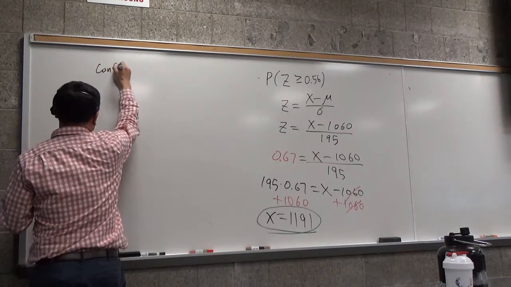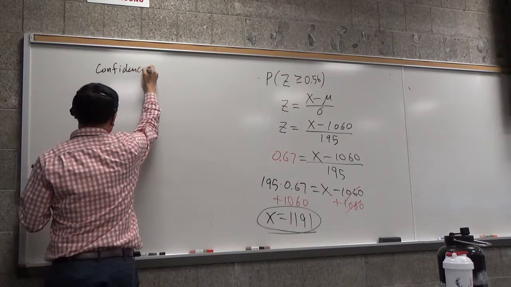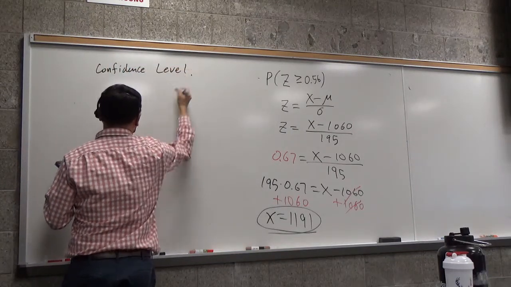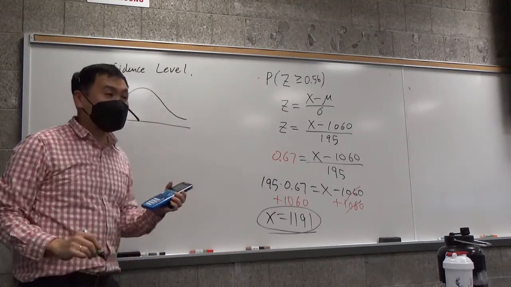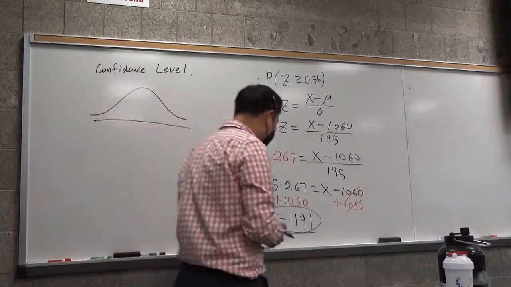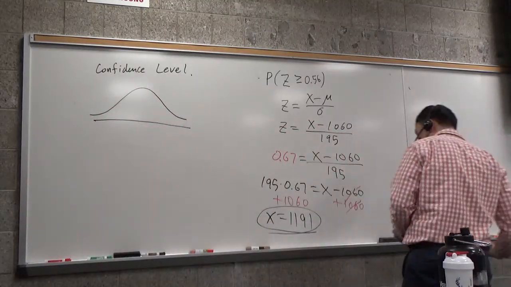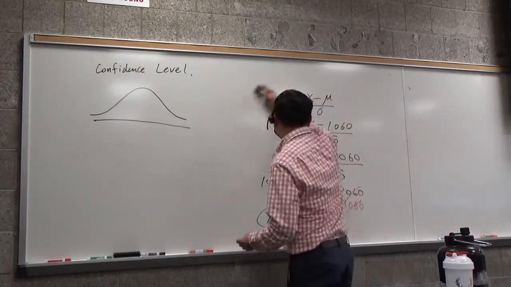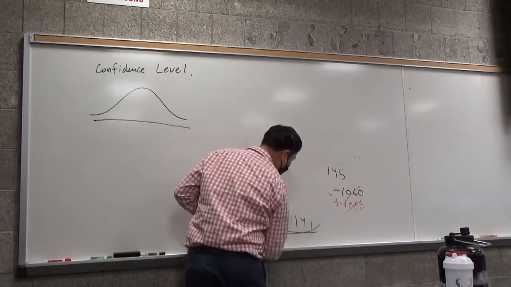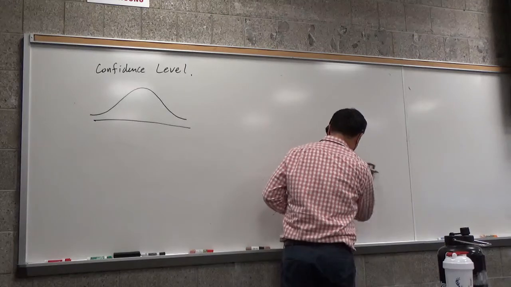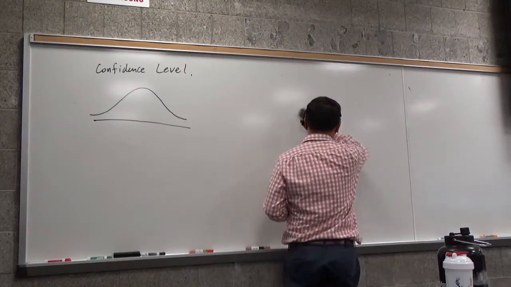Okay. So confidence level. Okay, so we have been working with this bell curve a lot, and often what we want to do is to see what percentage is between what and what.